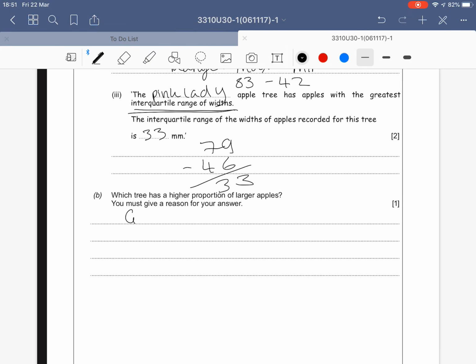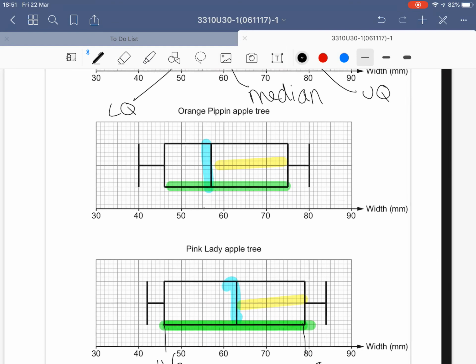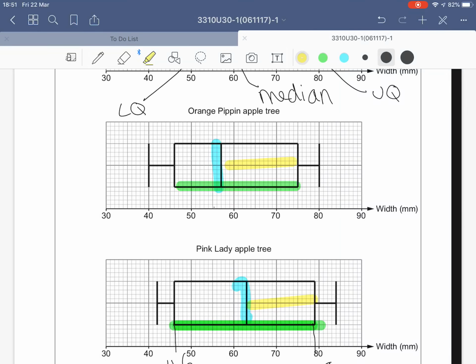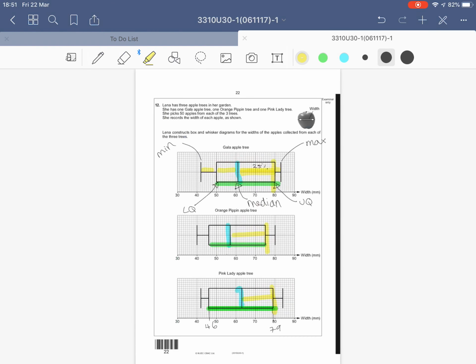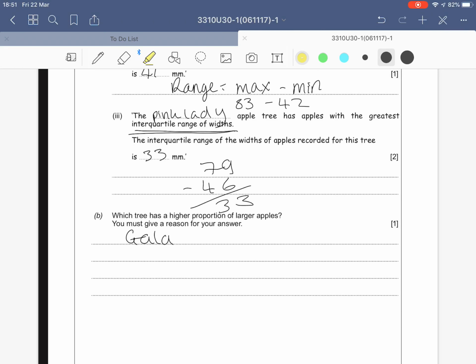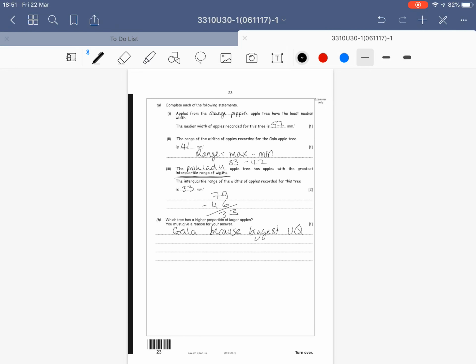So we can say gala because the upper quartile is the highest, really, isn't it? So if I look here, upper quartile is 80, so they've got the highest upper quartile. Gala, because it's the biggest upper quartile. Okay, next one.